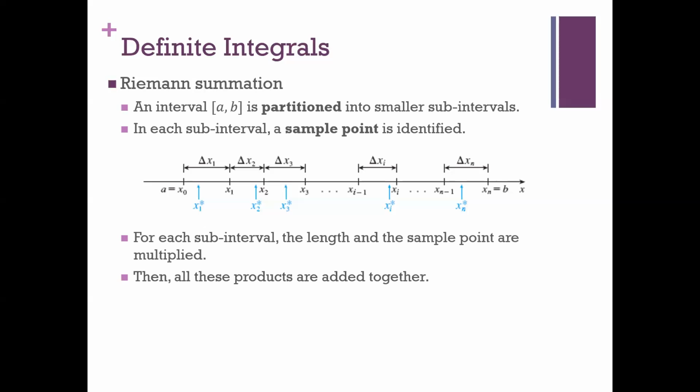And then I just take all those products and add them together. If I do that a bunch of times, I'm going to get an estimate for an area that probably will be wrong, right? So the whole idea of a definite integral is to create so many rectangles that we are no longer wrong. We're trying to get something exact.